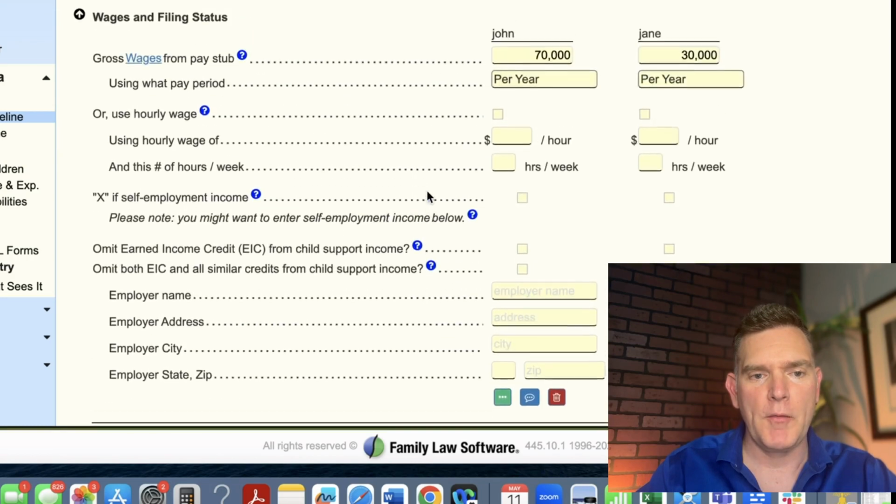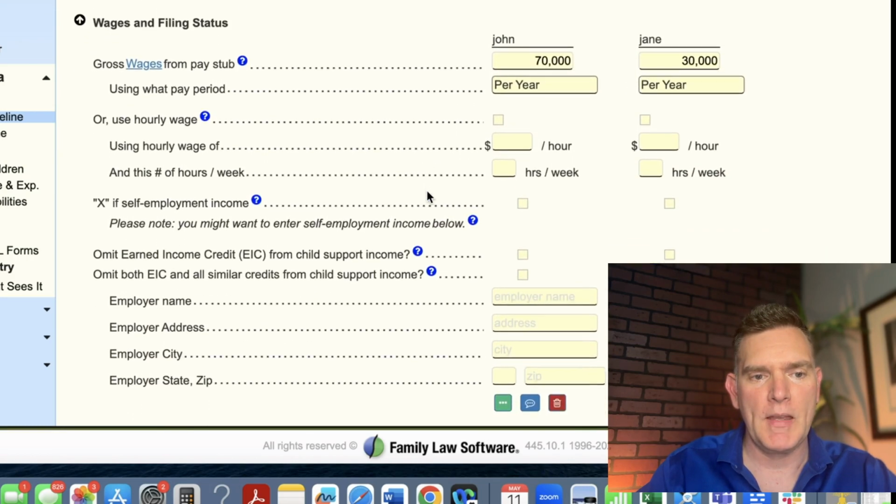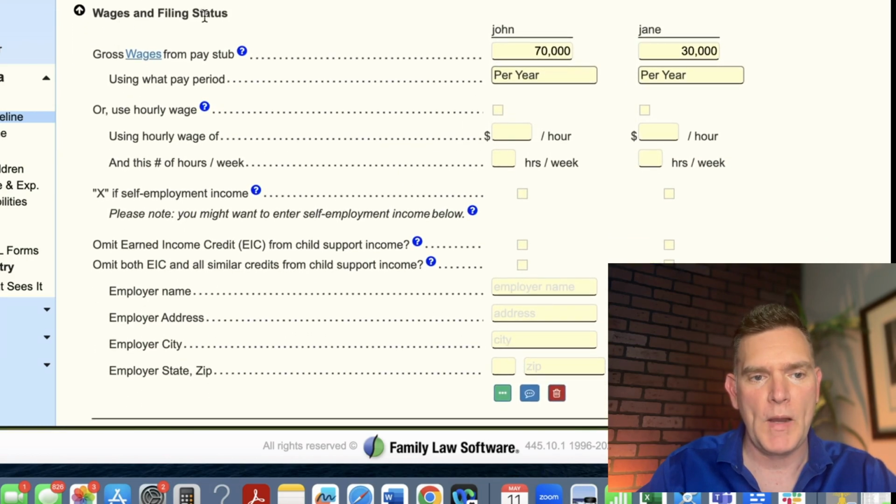Okay. So I've opened up a tab here for people's incomes. So now you can see here wages and filing status. Here's dad, here's mom. All right. So this guideline that I've set up assumes that dad makes $70,000 a year and mom makes $30,000 a year. Okay. And now I can break this out in monthly amounts.